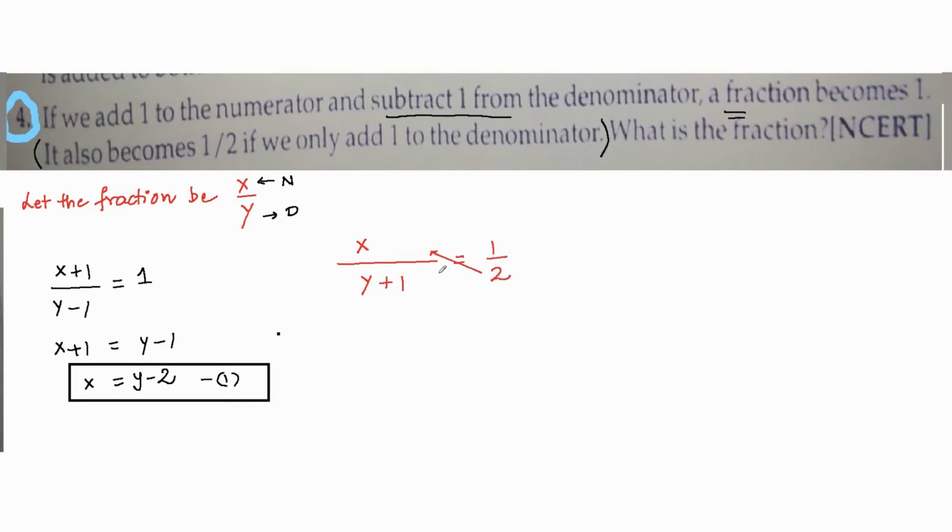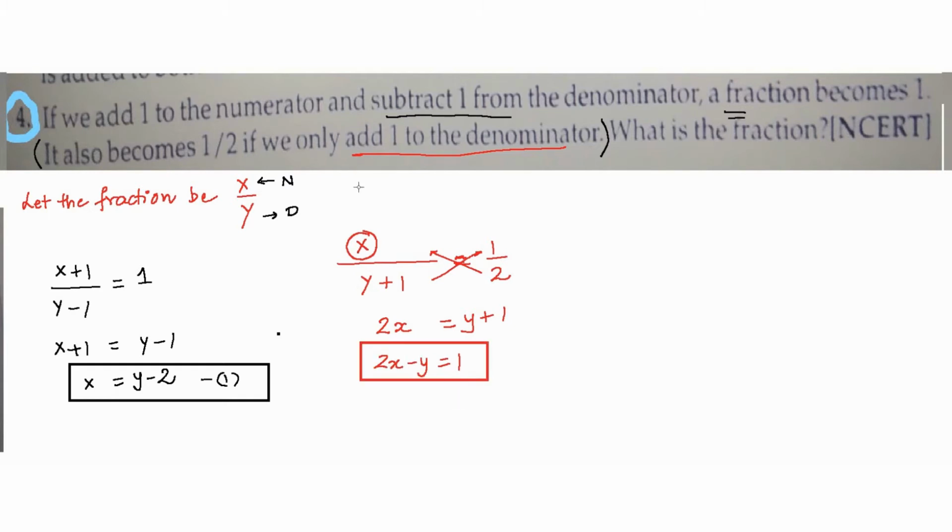They have said that I have not added anything or subtracted anything from the numerator, so I have maintained my numerator as x and added 1 to the denominator. So cross multiplication will help me now. 2x becomes y plus 1, which means 2x minus y is equal to 1. This is now my second equation.